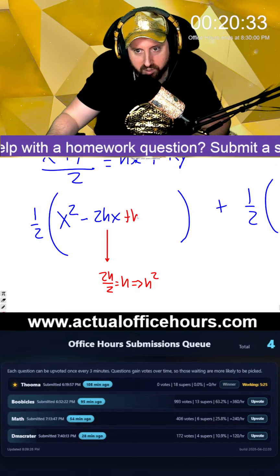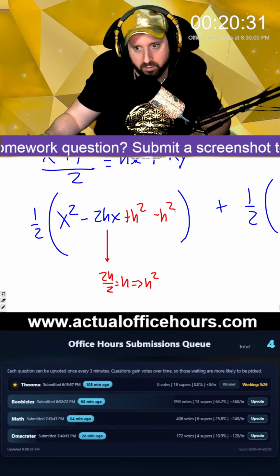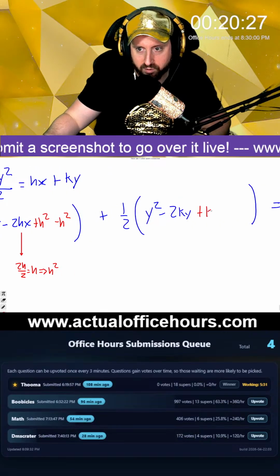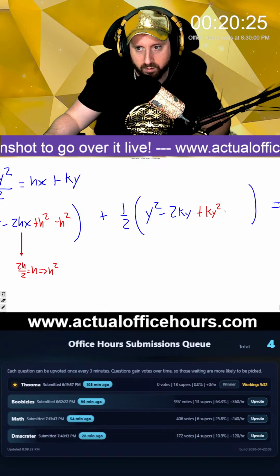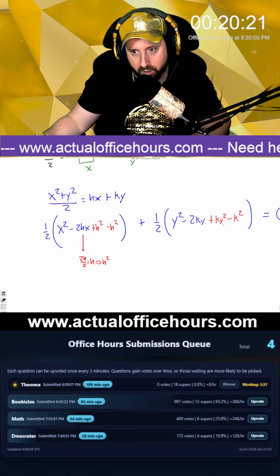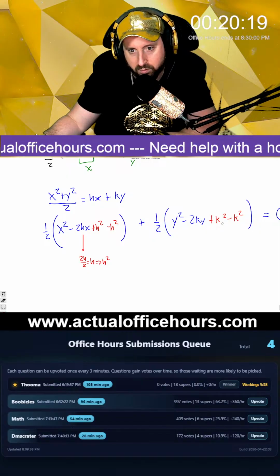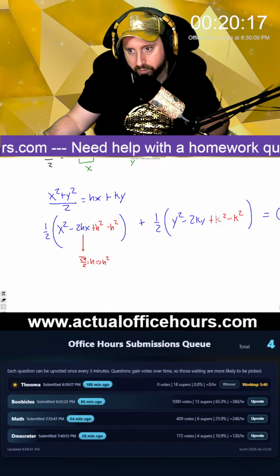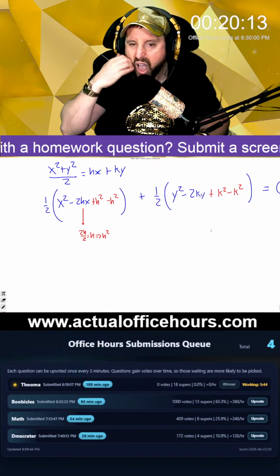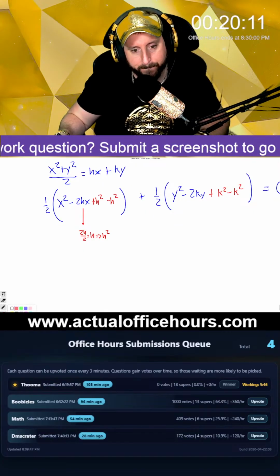So here it's going to be plus h squared minus h squared. And it's the same here: plus k squared minus k squared. Does that make sense? Yeah, completing the square.